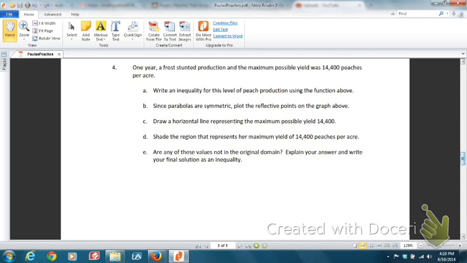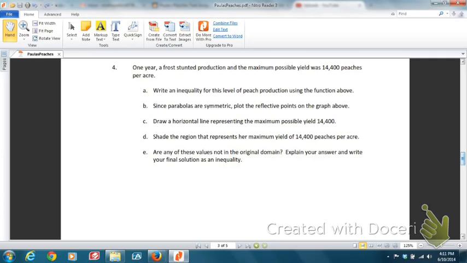In D, it says shade the region that represents her maximum yield of 14,400 peaches per acre. So that means you need to shade that section. I'm going to let you think about that, because you need to think about what section you're going to shade. Then it says E, are any of these values not in the original domain?